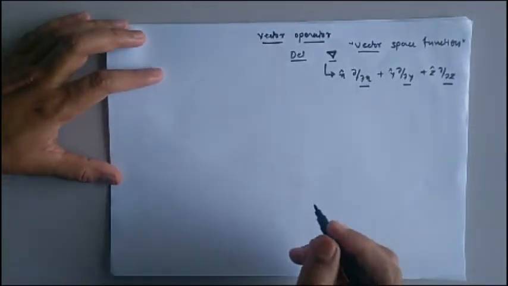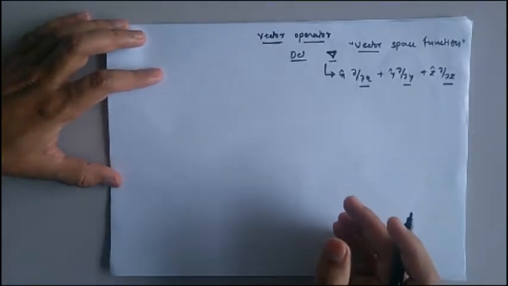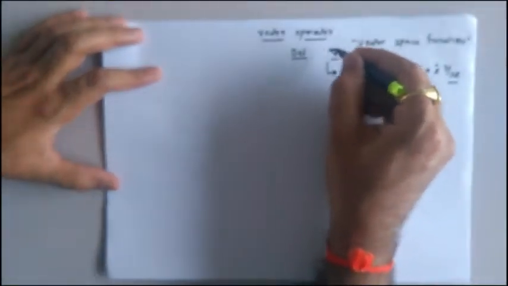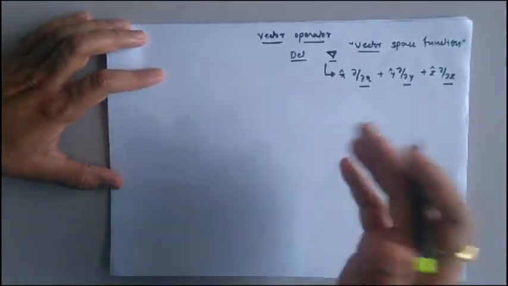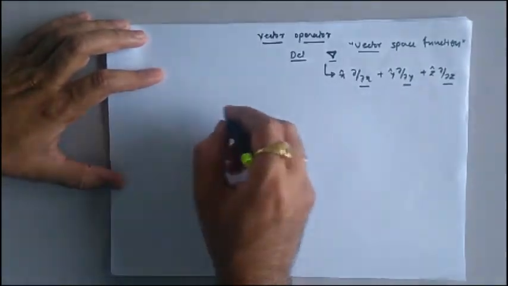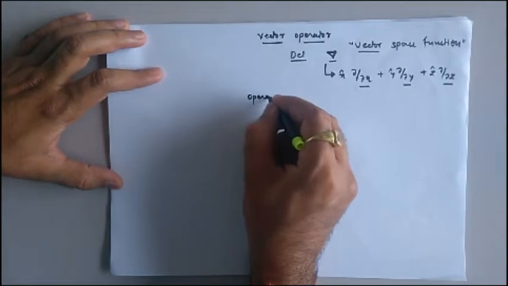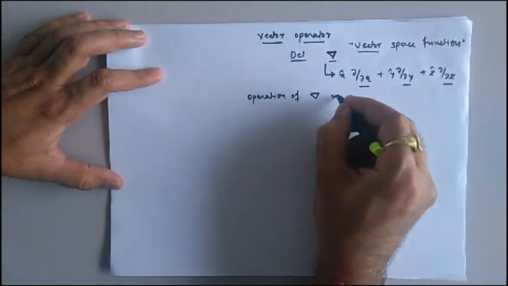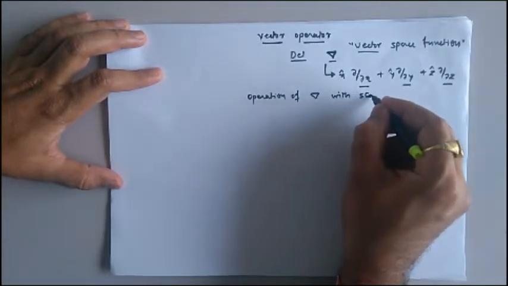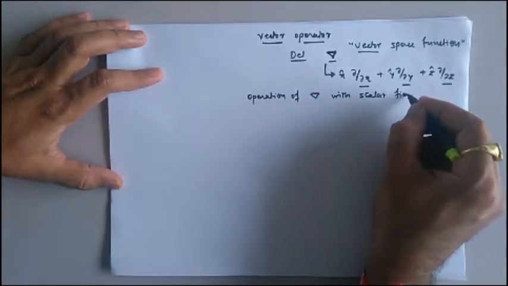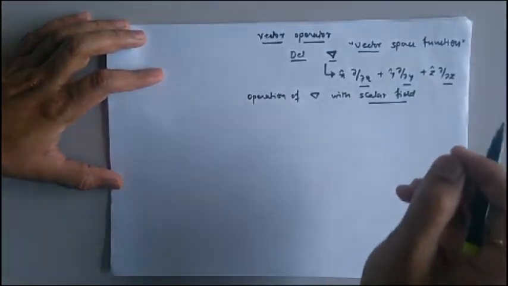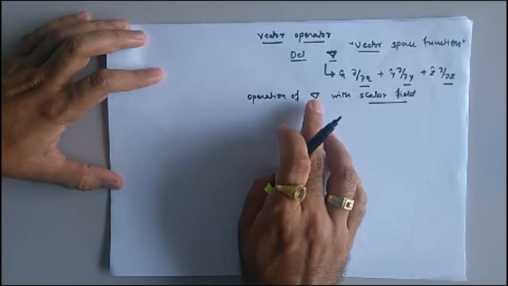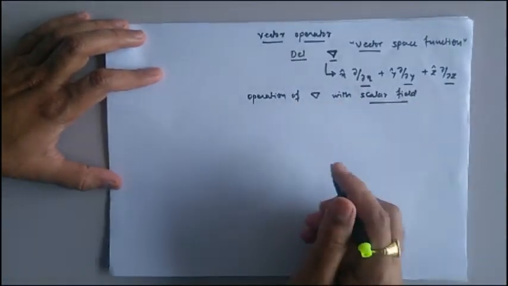Now let us consider that we are interested to study the operation of this del operator with respect to a scalar field and with respect to a vector field. So here I am writing the operation of del with a scalar field. That means we have a scalar field and we are trying to calculate the operation of this del with respect to that scalar field.